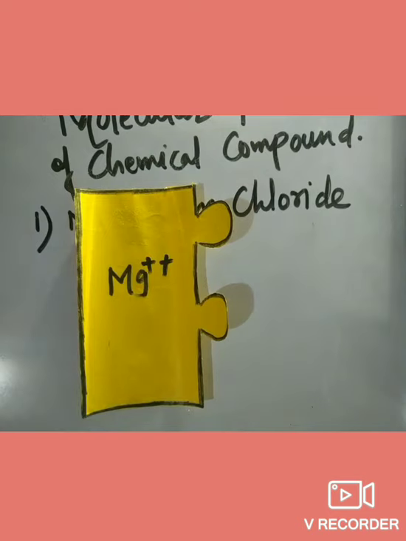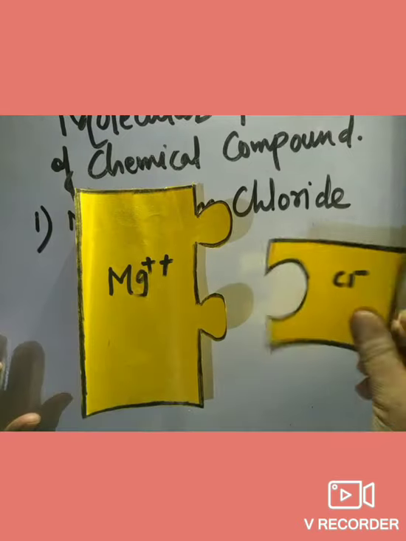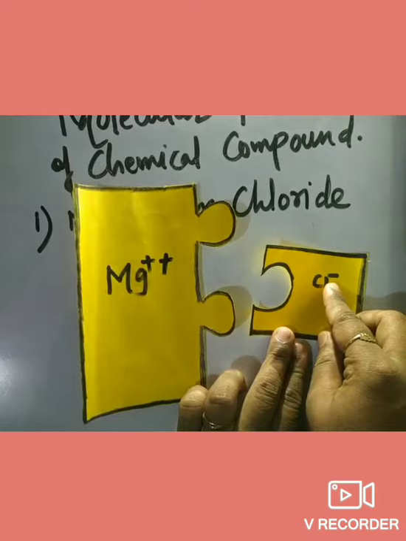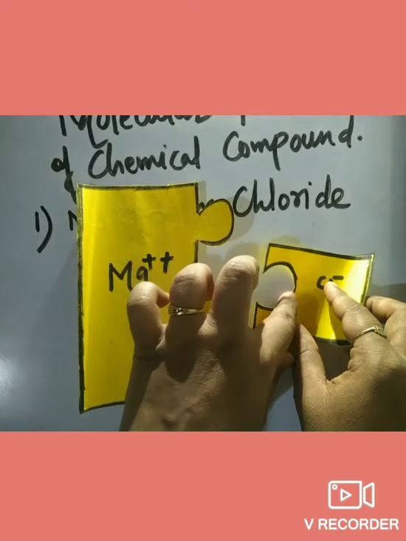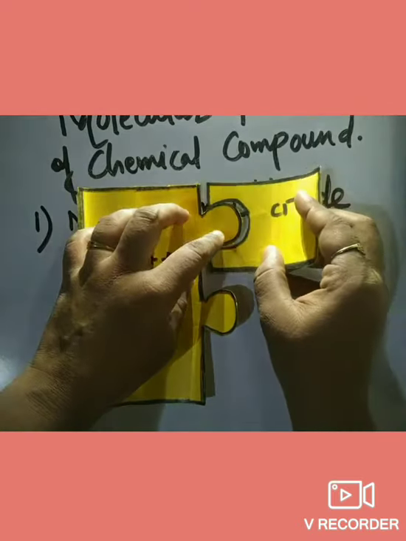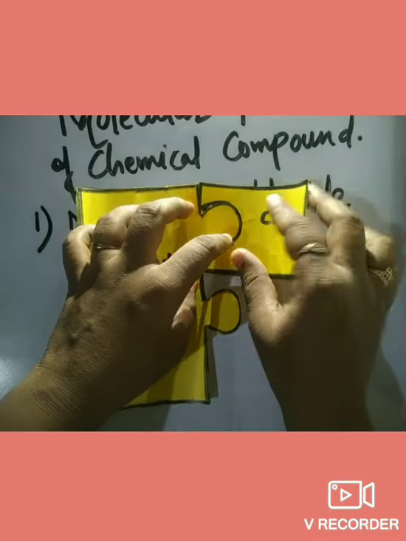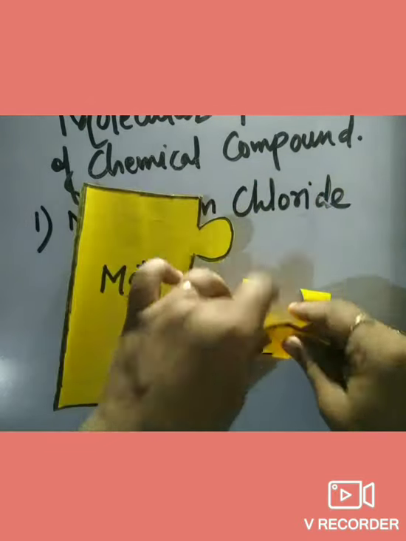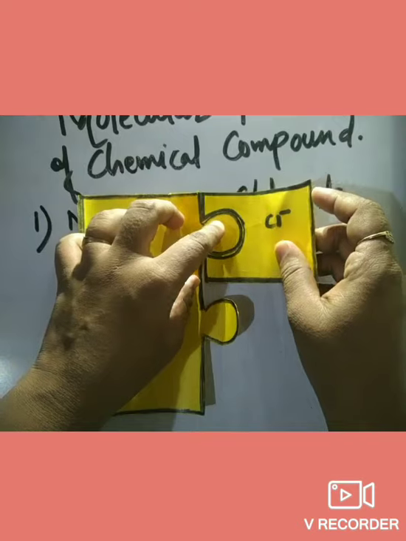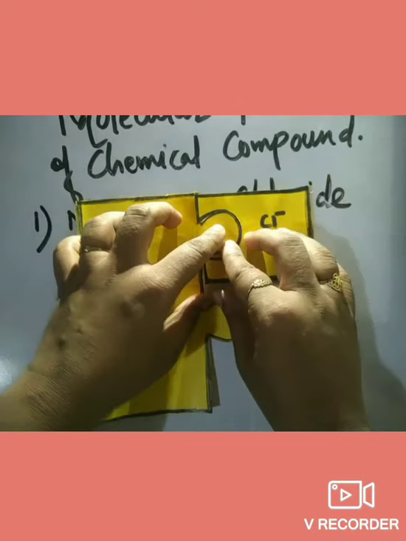And magnesium is combining with chlorine. For chlorine, there is only one negative charge, so I have made one hollow part in the chlorine. I am attaching this chlorine here.